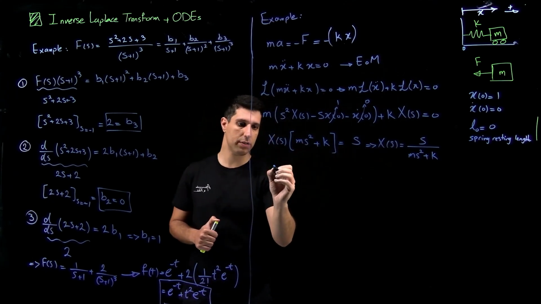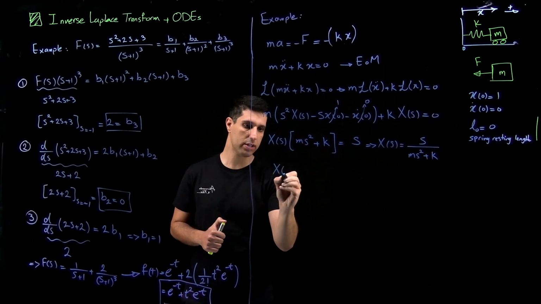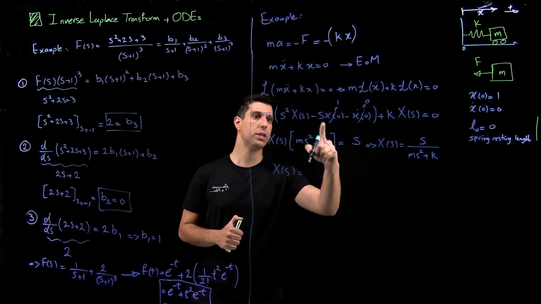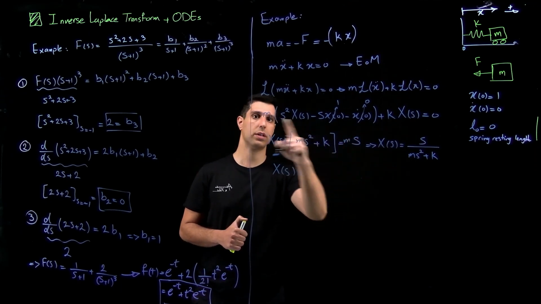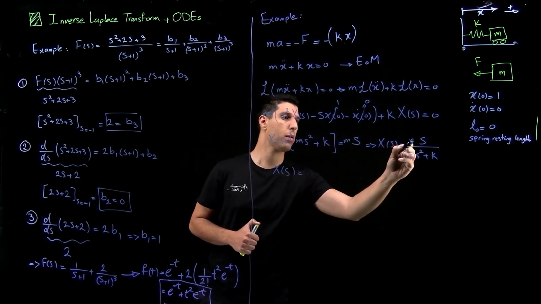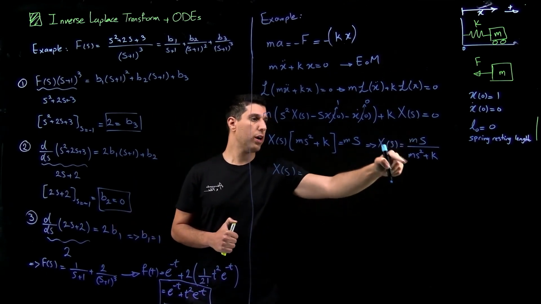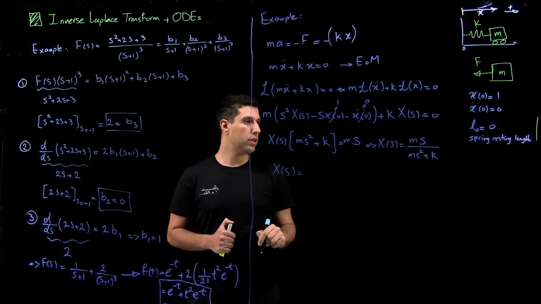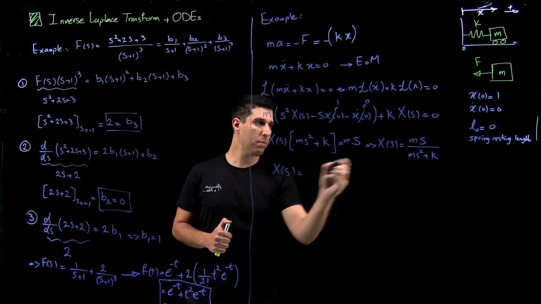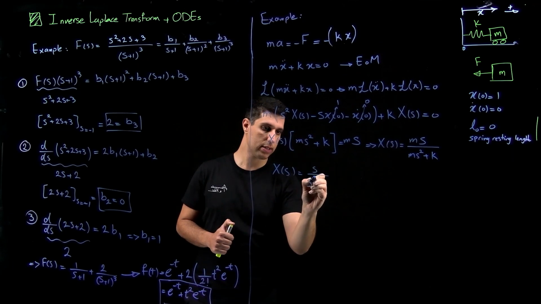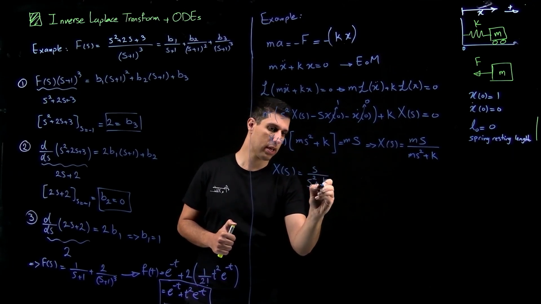Let me do a little bit of simplification, not too much. Oh, it must be ms squared, because there was one m here. So I'm going to divide the top and bottom by m, so it becomes a little nicer: s over s squared plus k over m.